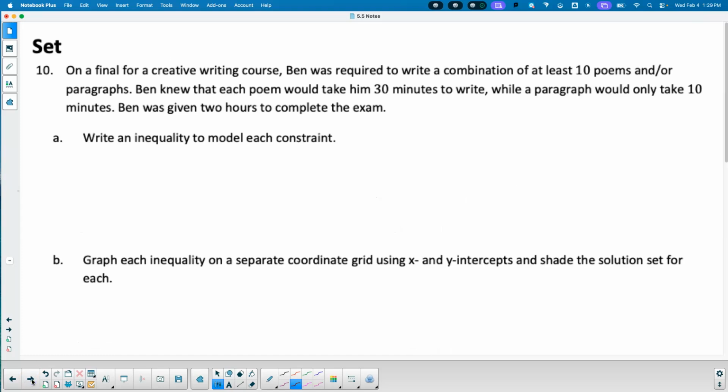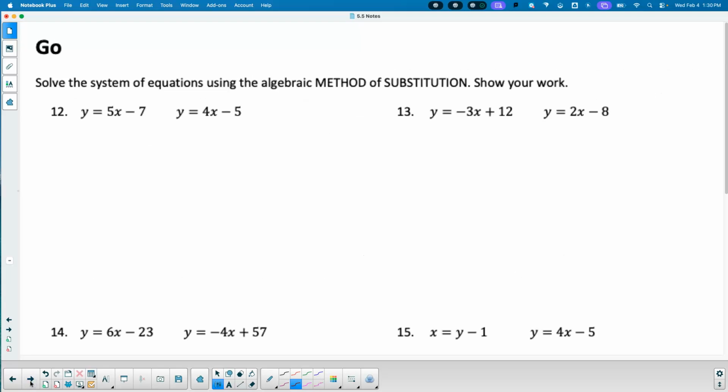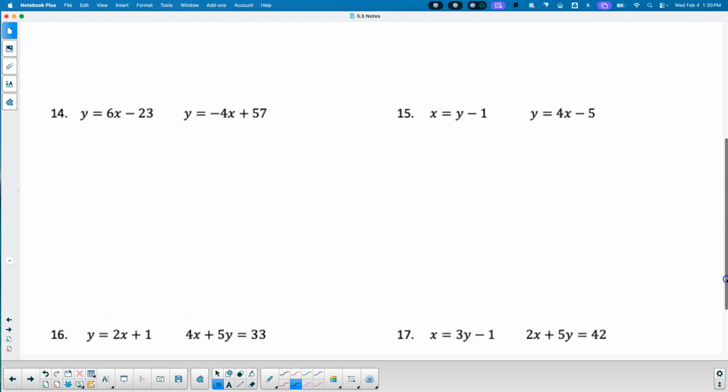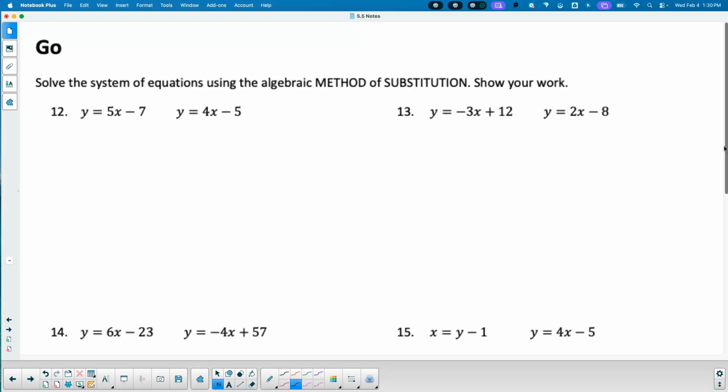Then there are 2 writing an equation and graphing that equation and shading and all that fun stuff problems, 10 and 11. And then 12 through 17 are solving using substitution. So everything that we just did today. Okay? Good times.